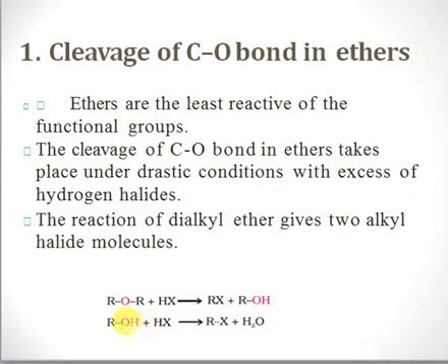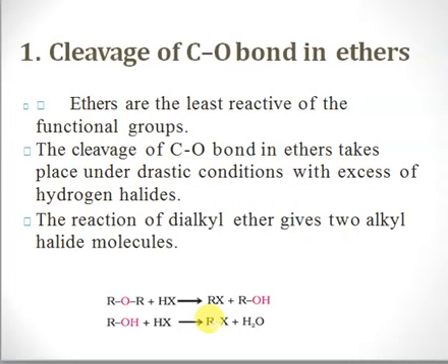You can compare this reaction with alcohols. When we react alcohols with hydrogen halide, alcohols get converted into alkyl halide plus water. In the case of ethers, we get alkyl halide, but instead of water, we get alcohol. That's the process. If you are using excess hydrogen halide, this alcohol will get converted into alkyl halide as well.